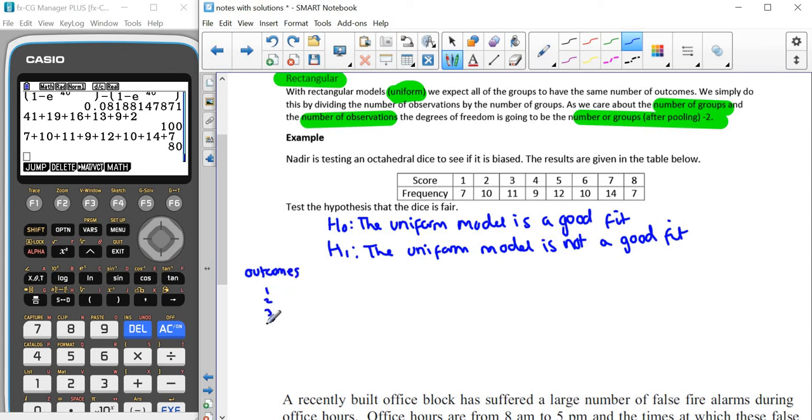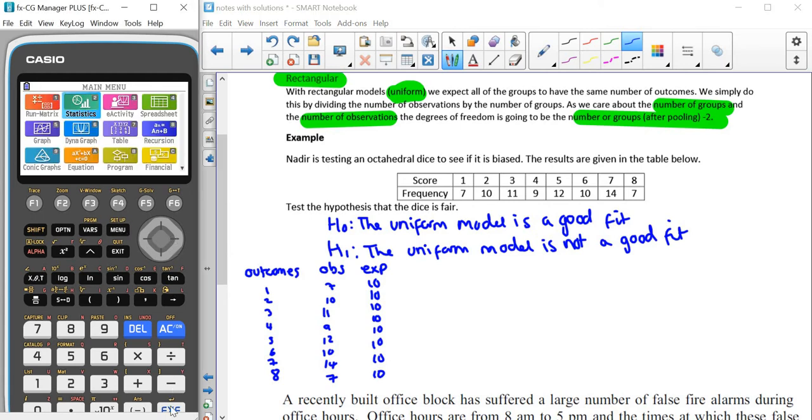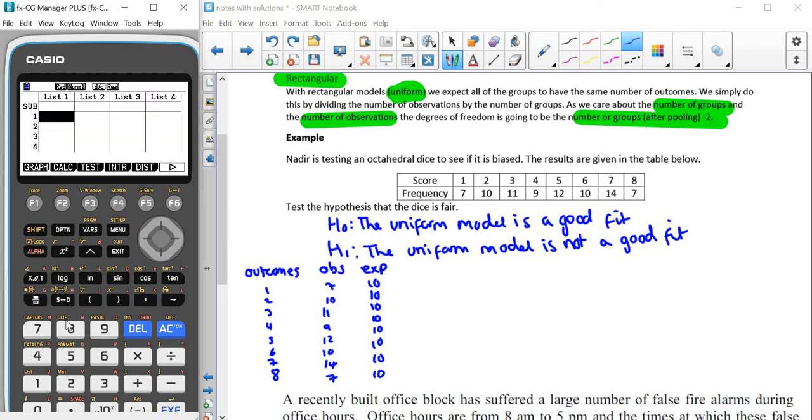So we're going to have our outcomes 1, 2, 3, 4, 5, 6, 7, 8. We're going to have our observed values 7, 10, 11, 9, 12, 10, 14 and 7. And our expected value is just going to be 10, 10, 10, 10, 10, 10, 10 and 10. So then in our statistics part, in our first list, we're going to put our observed values.